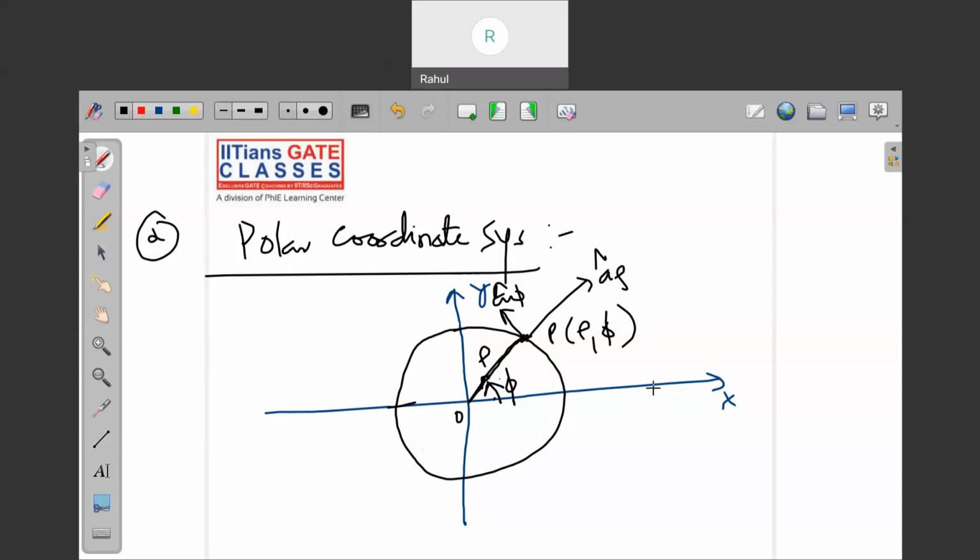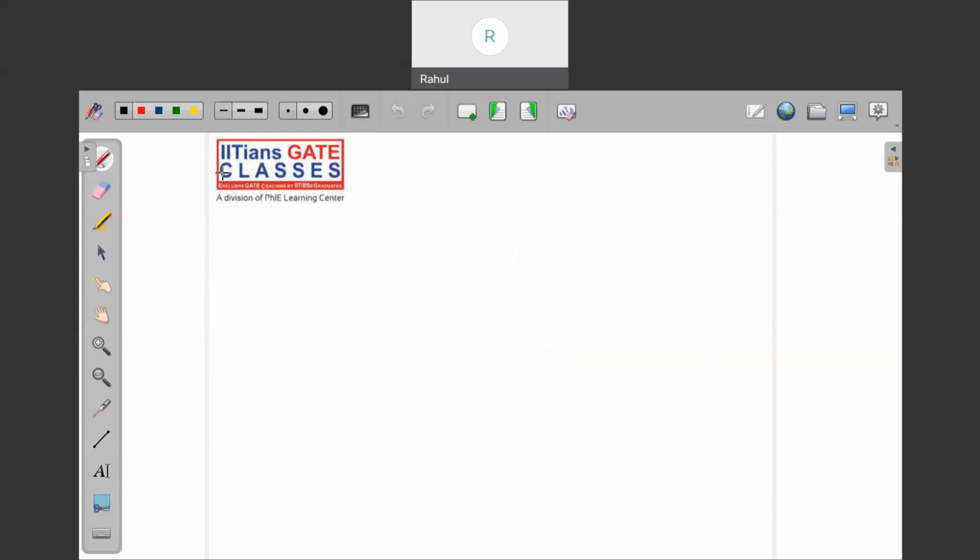Now we can discuss the locus of rho. If rho is constant, what kind of locus are you going to get? If rho is constant, you will get a circle whose center coincides with the origin. So let me write all these parameters for two dimensions, then we will start the three dimensions.